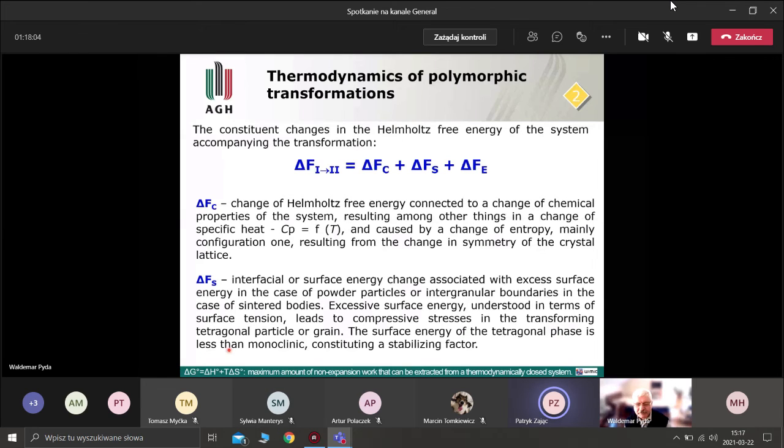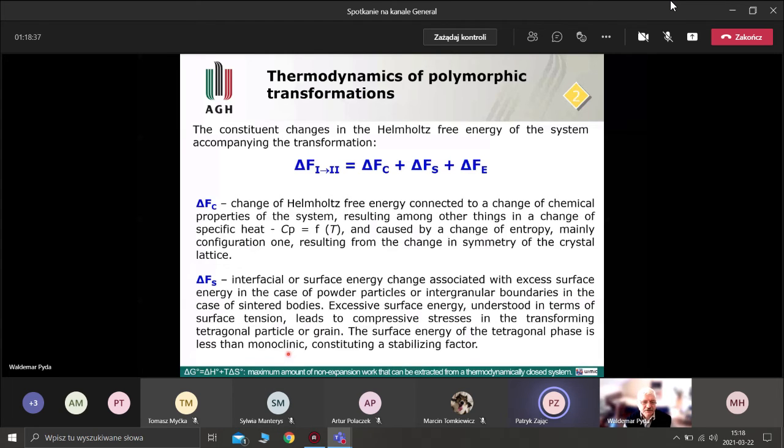Yes, during milling, the size of monoclinic particles is reduced. And it means that the surface of the monoclinic phase increases. Yes. And the energy of the system also increases.